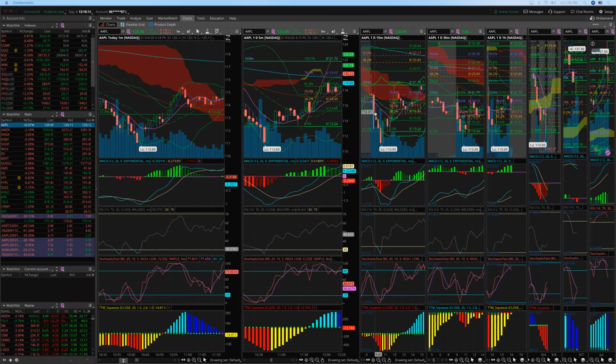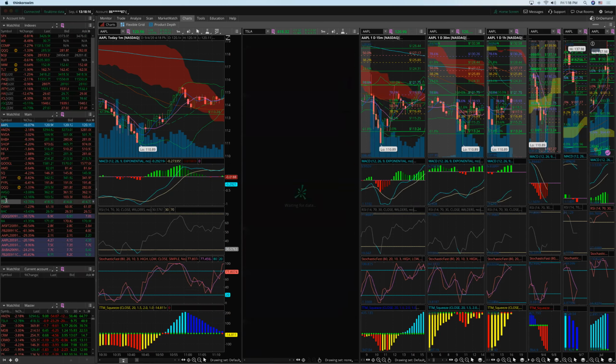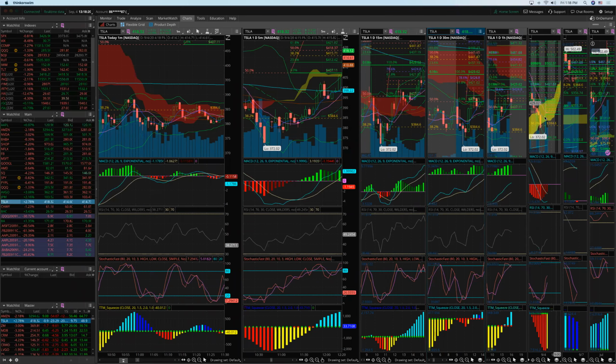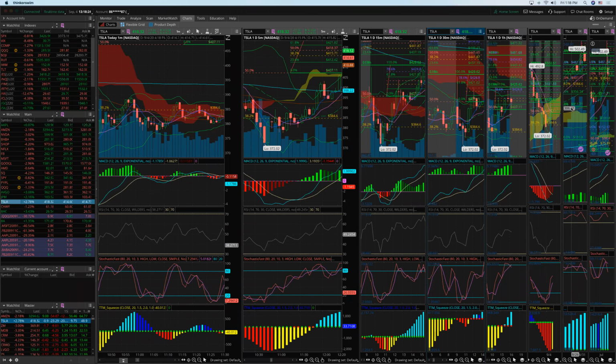So even if a name is rising super fast, for example Tesla, let's look at Tesla here. You can see here that Tesla was just rising above Bollinger Band. Here, this is a daily. It went above it and then back inside, and right now it resisted the middle one, the mid Bollinger Band.